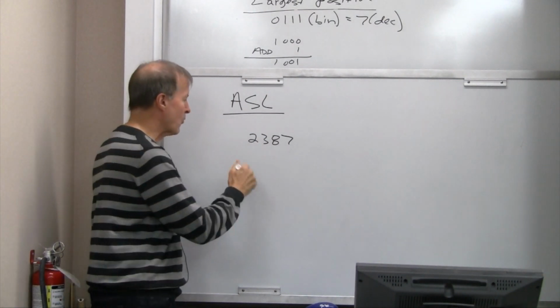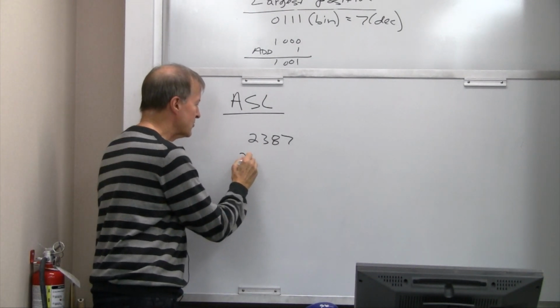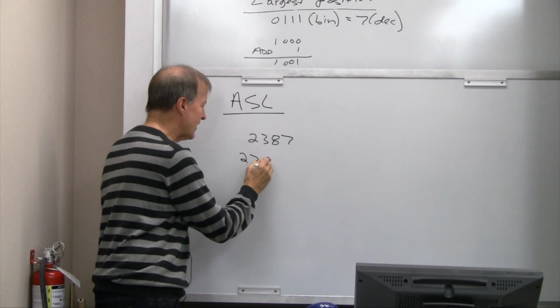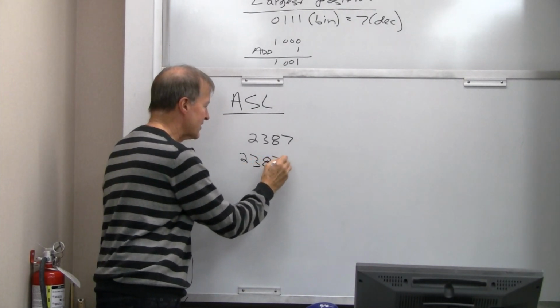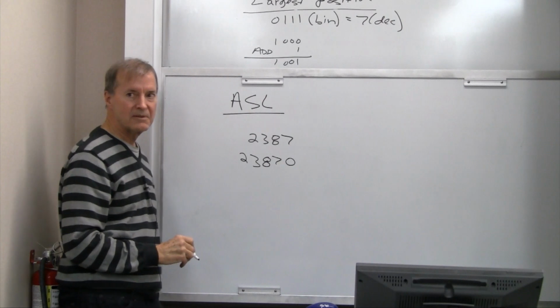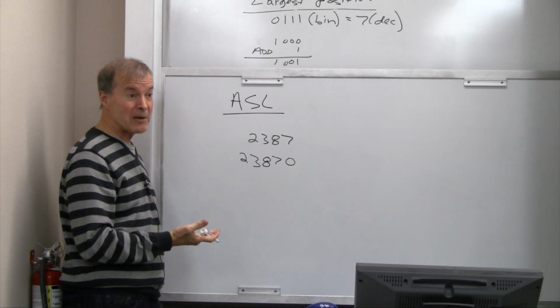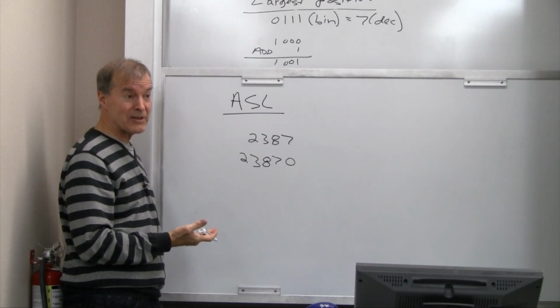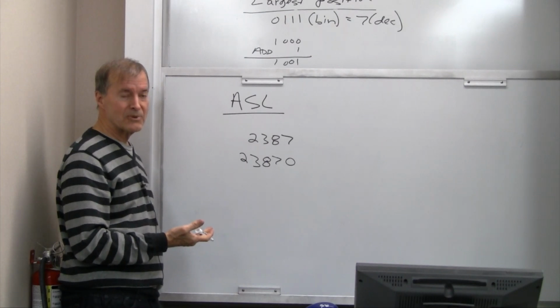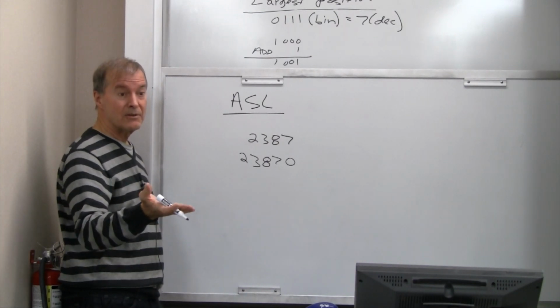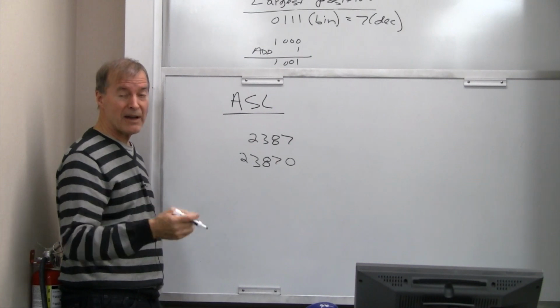What number would you have? 2, 3, 8, 7, 0. That would be an arithmetic shift left in decimal, would it not? And what do you do to the value of the number? You increase by how much? By 10. You multiply it by 10.